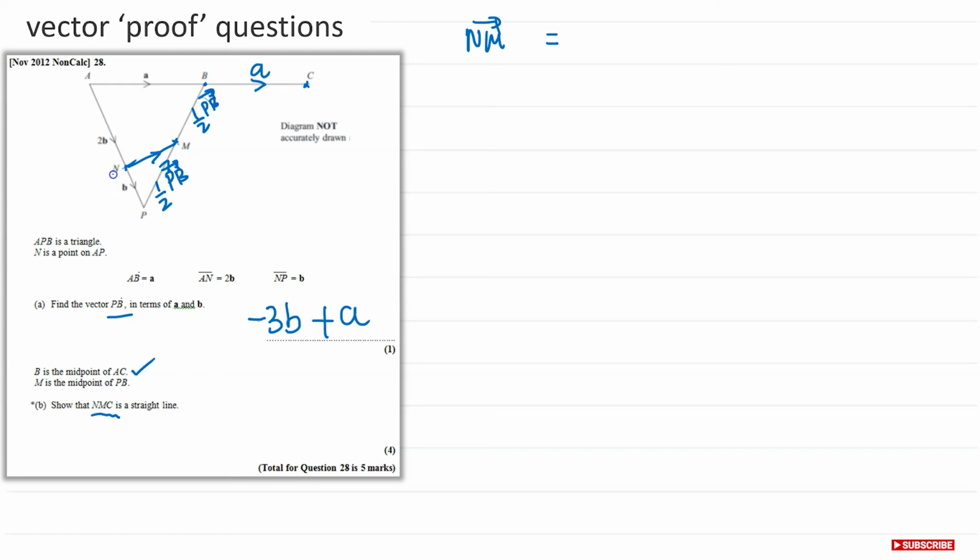Okay, so that means if we want to go from N to M, we need to have vector NP plus vector PM, which is going to be equal to B plus half of PB. Now we know PB is negative 3B plus A.